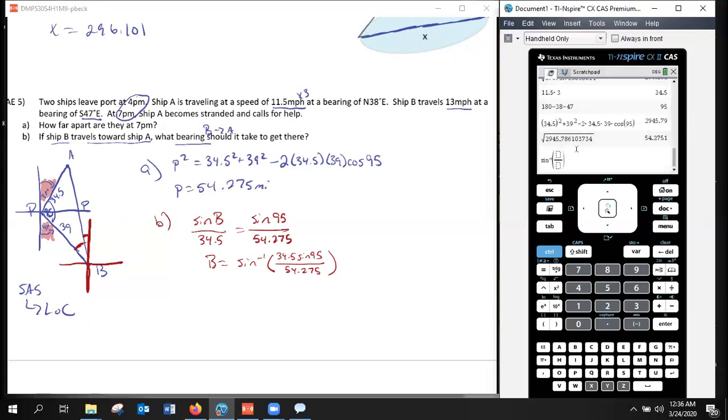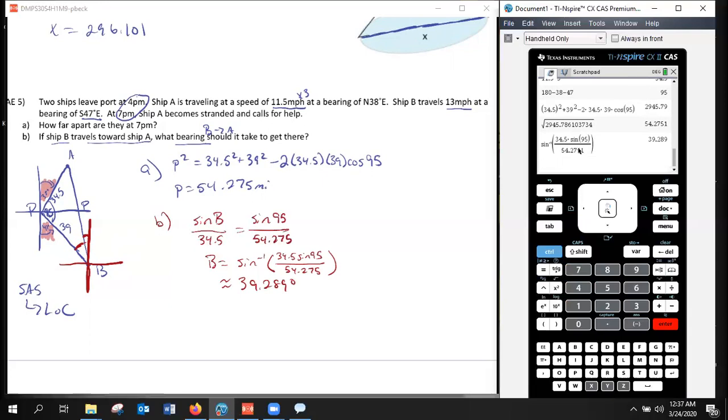So inverse sine of 34.5 times the sine of 95, and then we're going to divide that by 54.2751. Hopefully this will give me close enough. 39.289 degrees actually is what I got when I used the exact value, 39.289 degrees. So that's angle B.